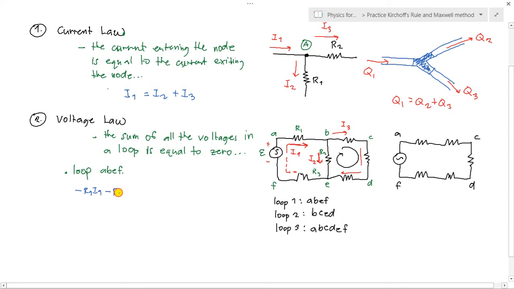So minus R2, this time I2. Next, what else? Is there any other device in loop 1, loop ABEF? Class, can you see the figure clearly?